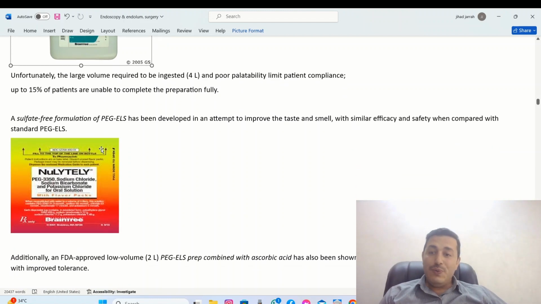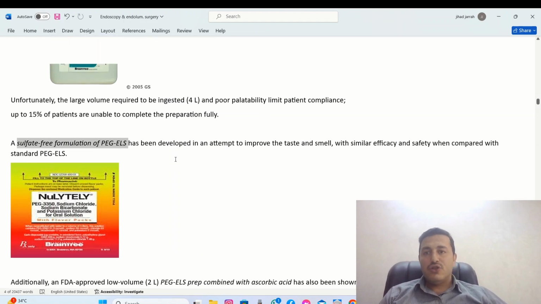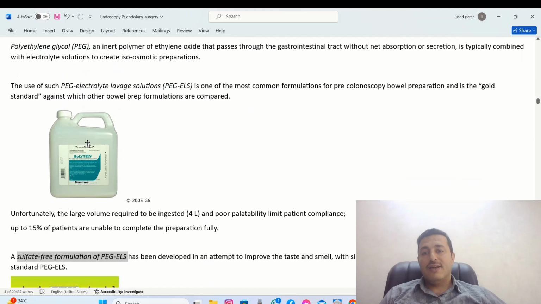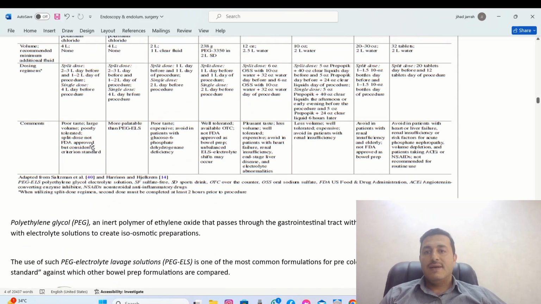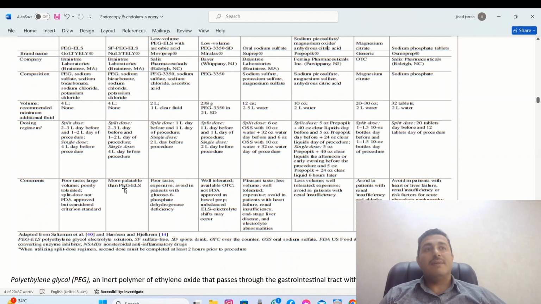Okay, polyethylene glycol, we have another formula, the sulfate free. Actually, they remove the sulfate from the polyethylene glycol electrolyte lavage solution, so we have the sulfate free. The advantage over the classic polyethylene glycol electrolyte lavage solution is that it is more tolerable, with less bitter taste and smell.